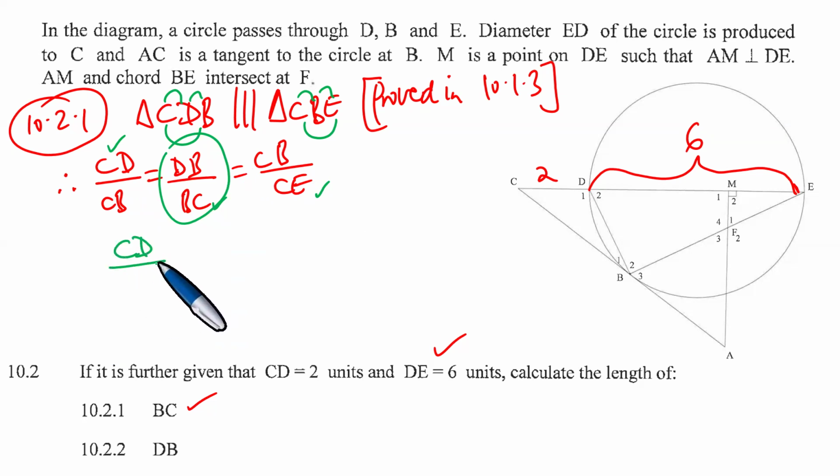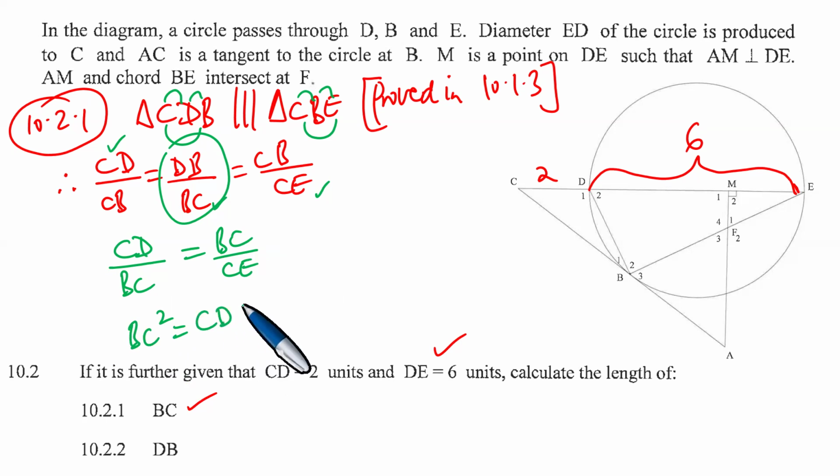And then now we have CD over BC, and you can write this one as CB, but you can write it as BC for the sake of this. And then now we have CE. Now BC times BC is BC squared, equal to CD times CE.